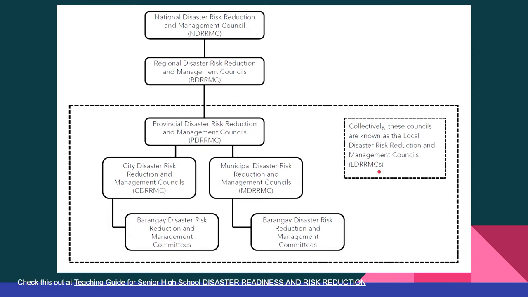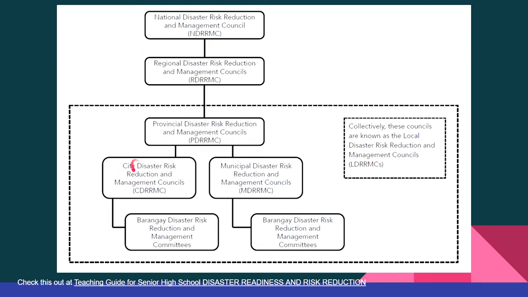Now, this one is from the teaching guide for senior high school DRRM. It just shows us the flow chart. Overall, in case of a disaster, NDRRMC oversees the regional disaster risk reduction management councils. Below that, you have your provincial, which is broken down into city.